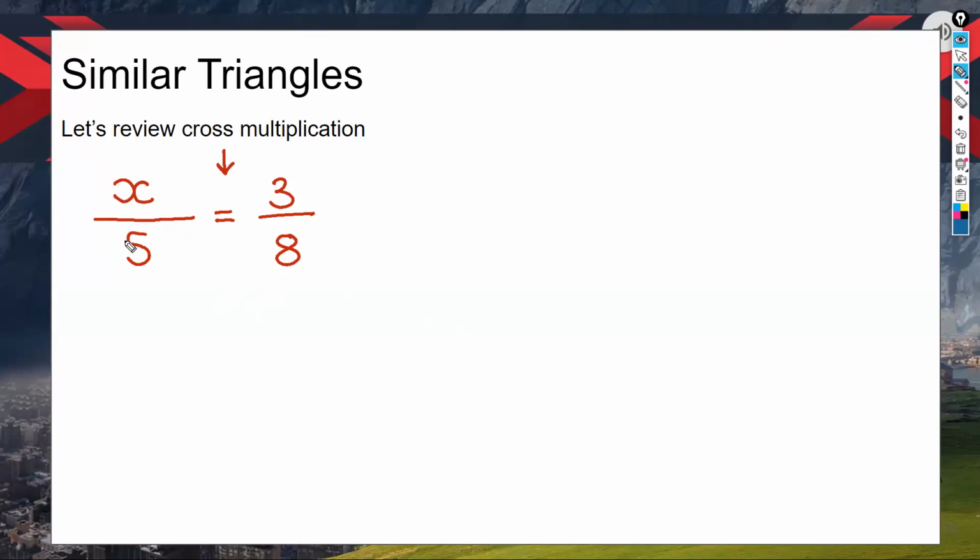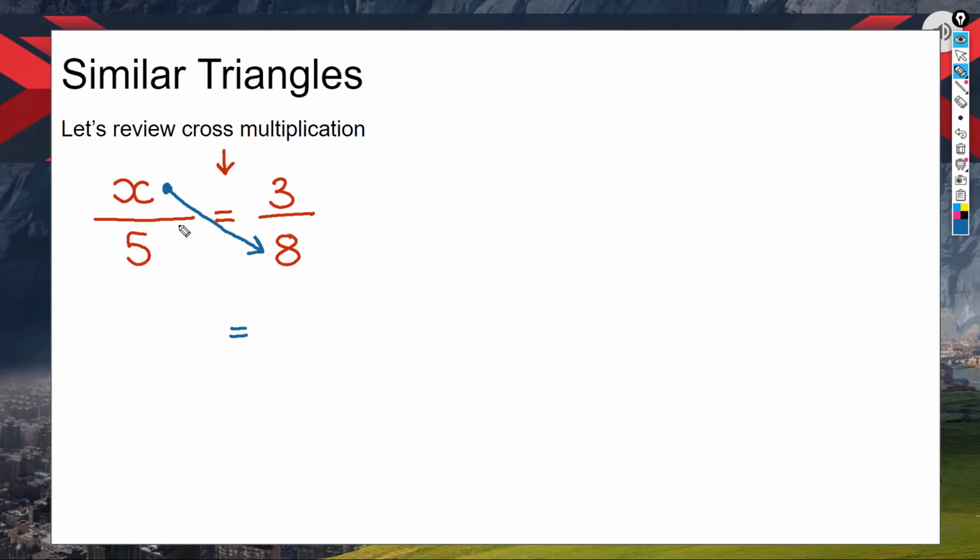And we do. So this question has no tricks in it. To cross multiply, we take the top on this side and multiply it by the underneath on the other side. So we say x multiplied by 8 because it's cross multiplication.